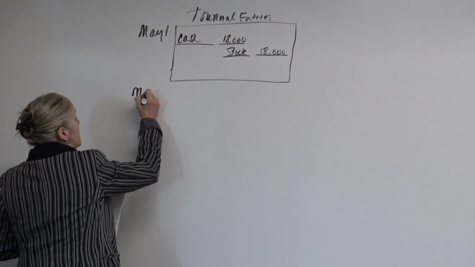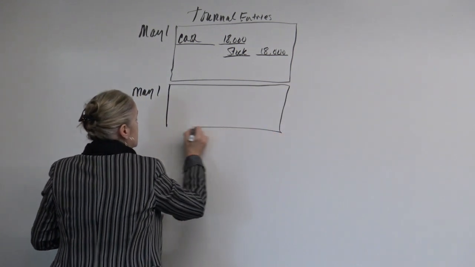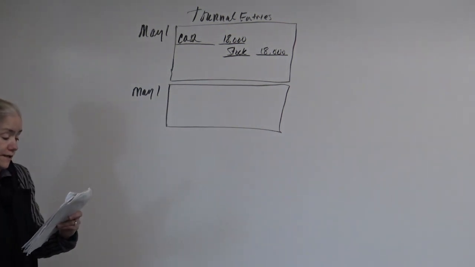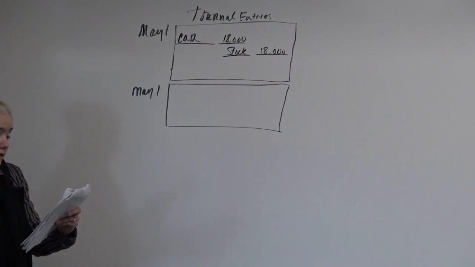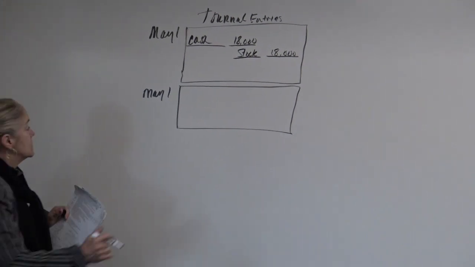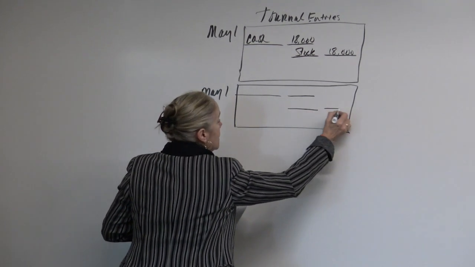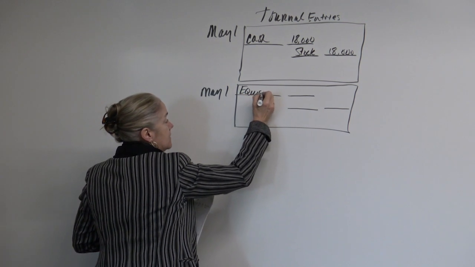Again, on May 1, we purchased 10 bicycles for $300 each on an open account. The company has 30 days to pay for the bicycles. So again, we're going to have a debit, a number, and a credit and a number. We'll call it equipment. That is part of our asset category.